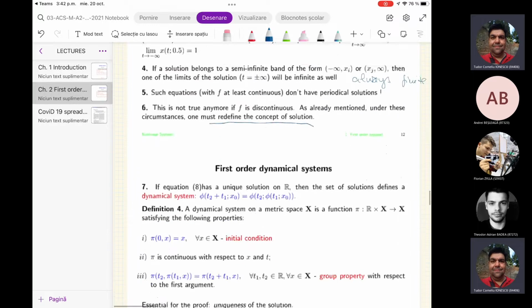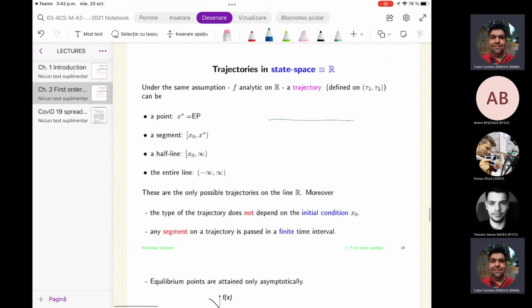So segments or half lines, or of course, it can be the entire real axis. You can also have that. So these are the only possible trajectories on the state space R.